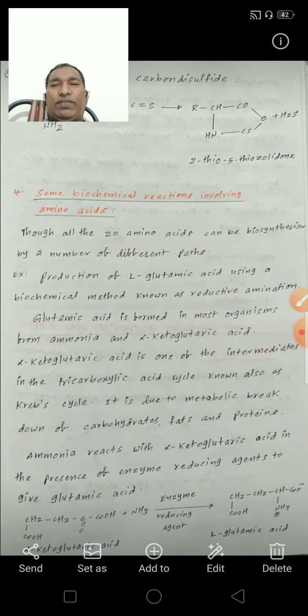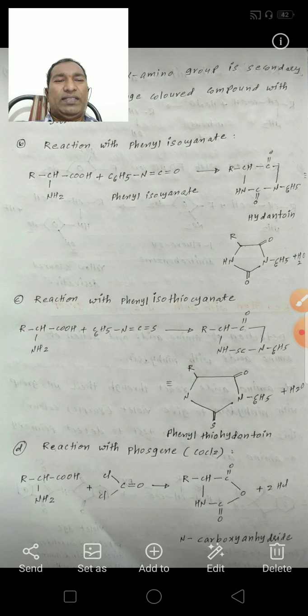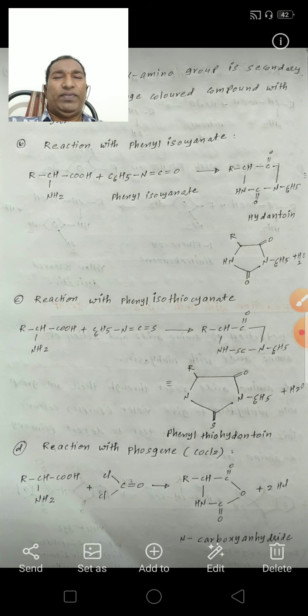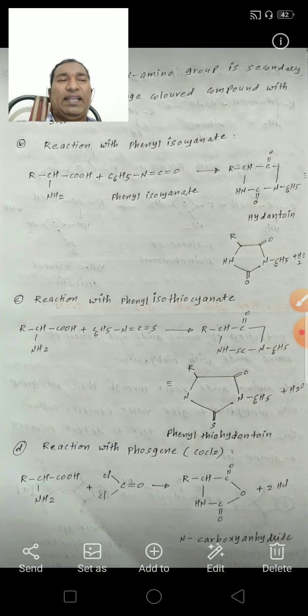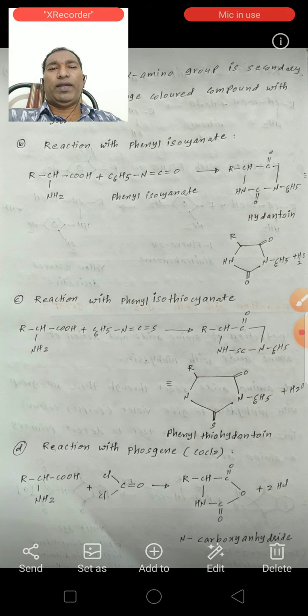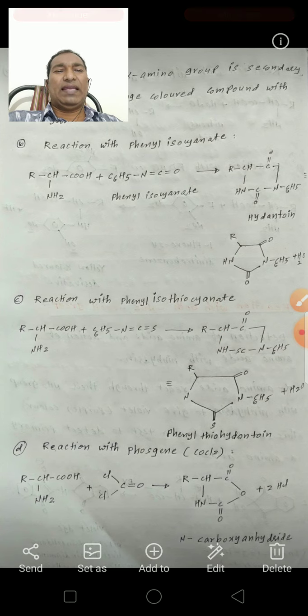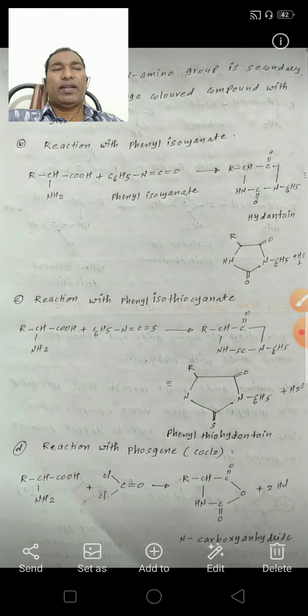So next one, proline, an alpha amino acid containing a secondary amine, gives an orange color compound with ninhydrin. Because proline contains the secondary amine group, when proline reacts with the ninhydrin it forms an orange colored compound.